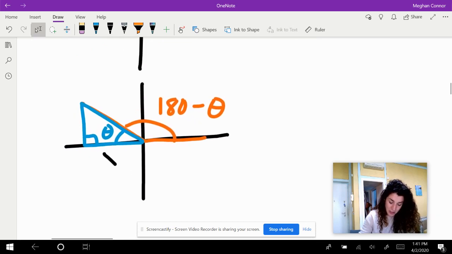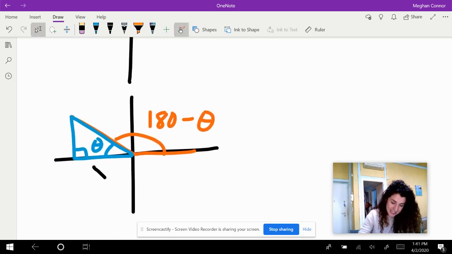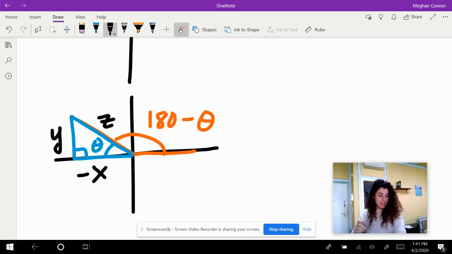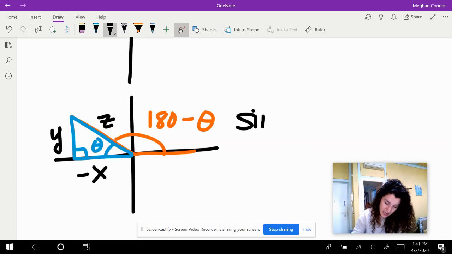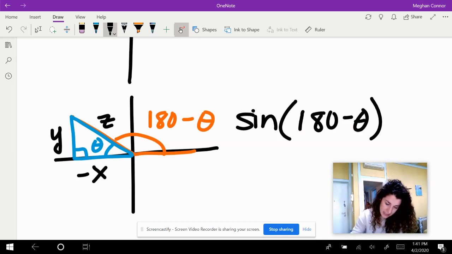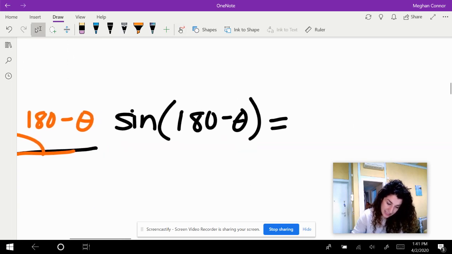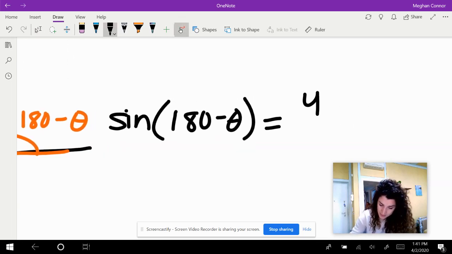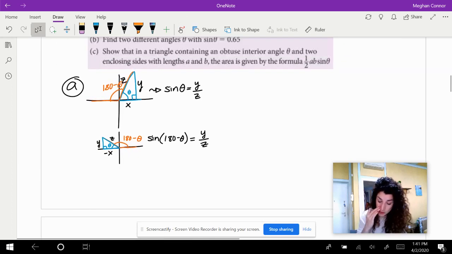I just made it to look bad, but it's still an x distance here, and then a y distance here, and a z distance here. The x distance is now negative, but we can see here that now the sine of 180 minus theta is equal to still y over z. So those guys will always be equal to each other as long as your original angle is less than 90.